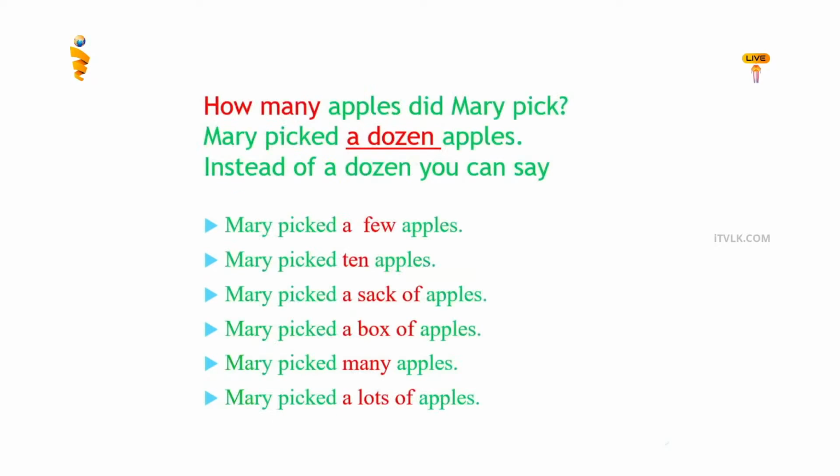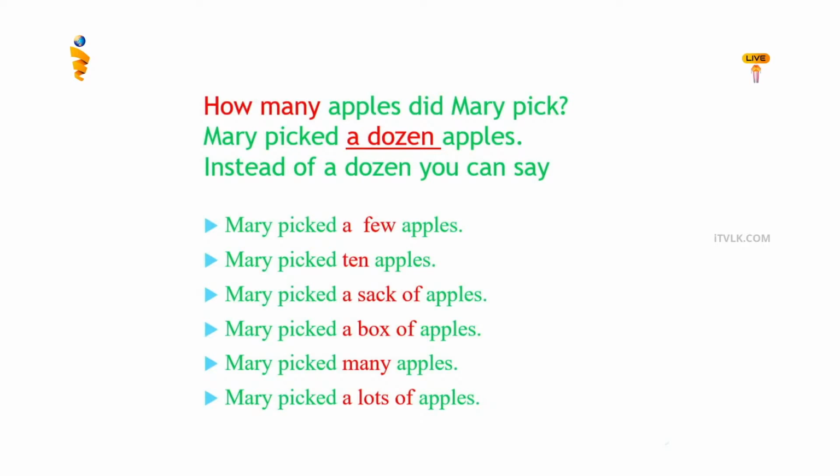Next, can you remember the next question asked was, how many apples did Mary pick? And the answer was, Mary picked a dozen apples. Instead of dozen, you can say, Mary picked a few apples. Mary picked 10 apples. Mary picked a sack of or a bag of apples.